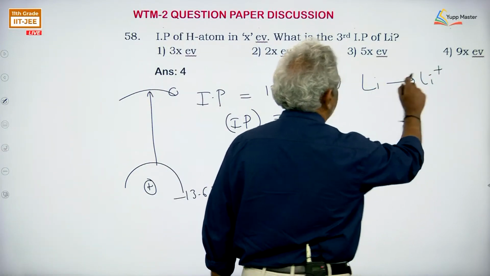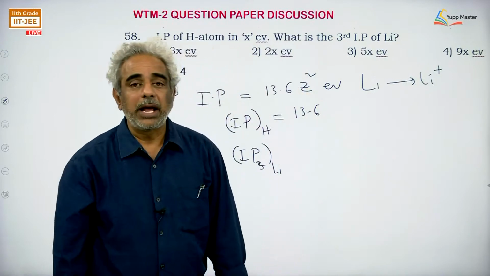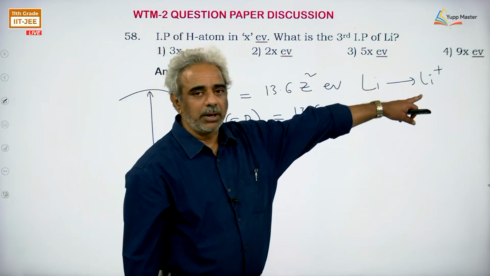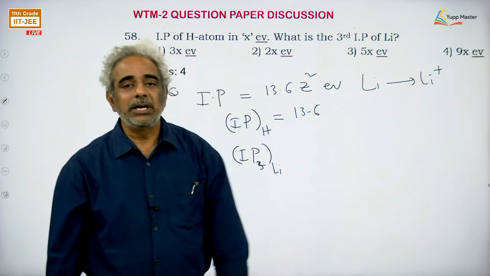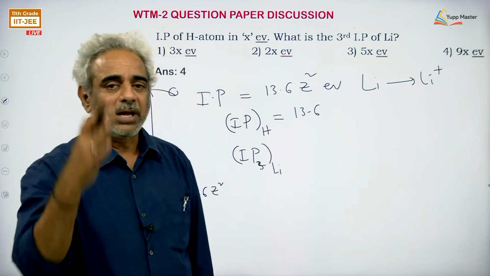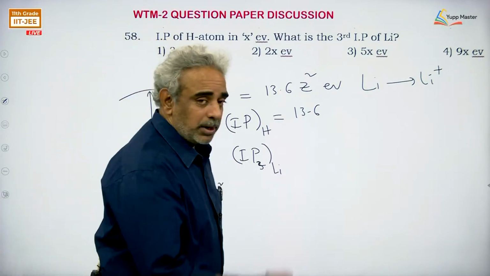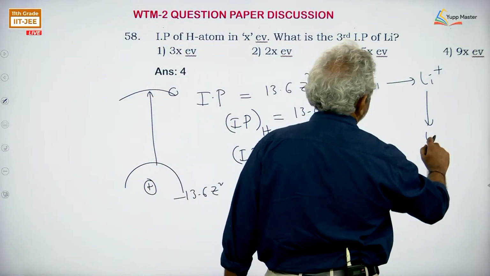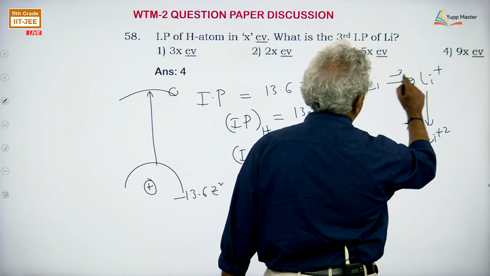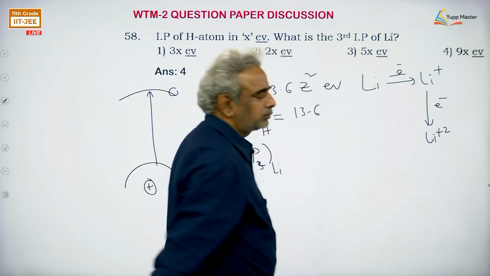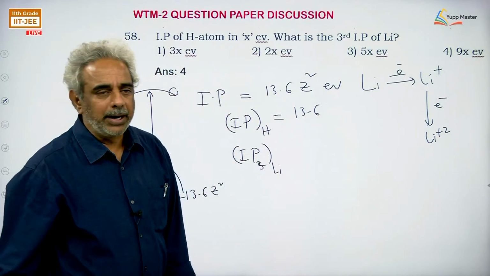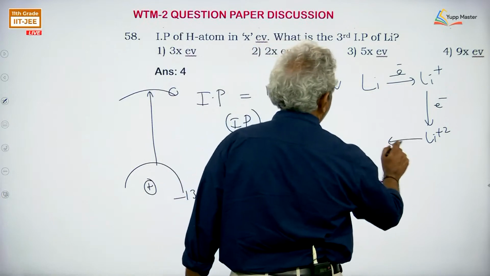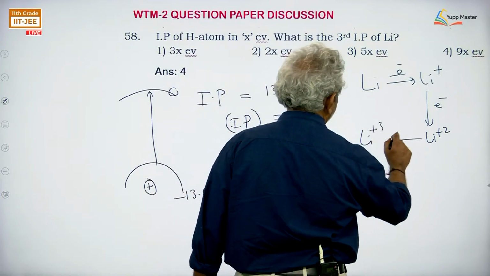We cannot calculate the first IP of lithium because it is not a single electron species. We don't have equations for that, I mean mathematically. So lithium plus 2, second electron loss, we can't calculate. Lithium plus 2, lithium plus 3 we can calculate.